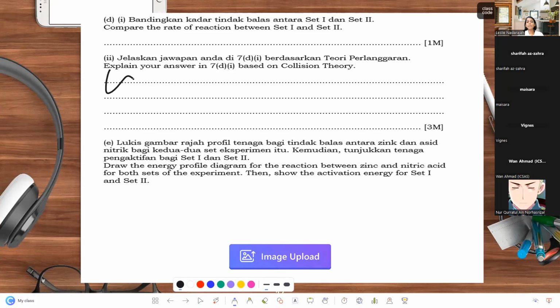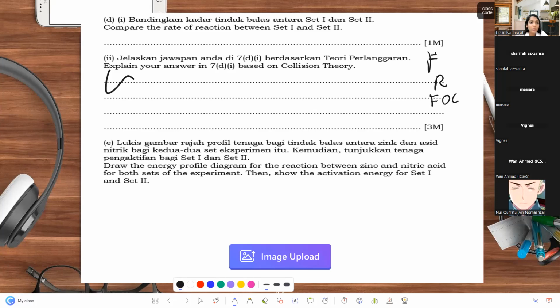Okay, now explain your answer in 7D1 based on collision theory. Collision theory, you must have the 5 things teacher always taught you. Reasoning. What's my next one? Very good. Frequency of collision.